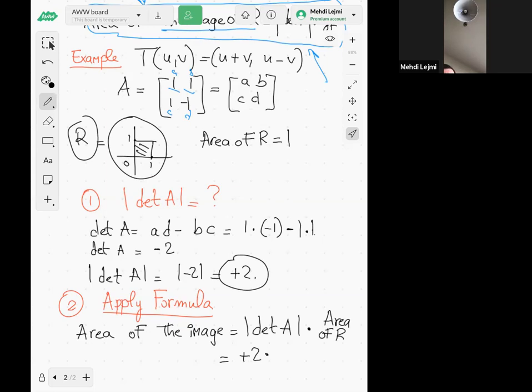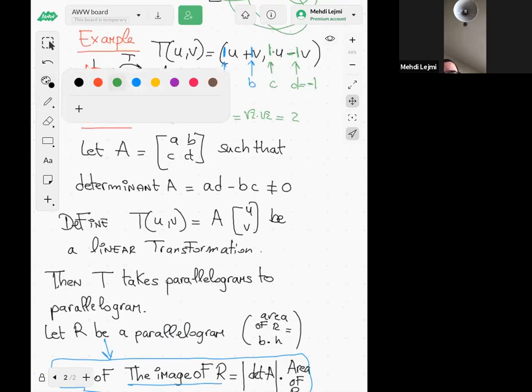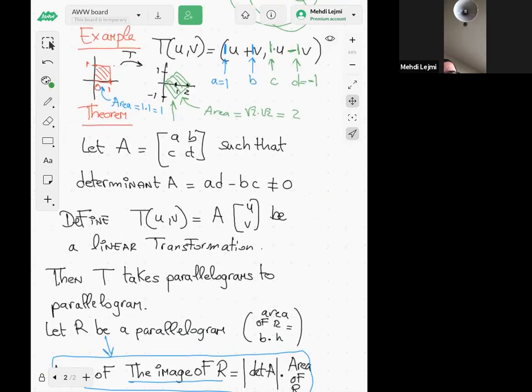So the area of R is 1. So it's 2 times 1, so it's equal to 2, right? And that's exactly what I got here. We said the area of the image is 2, right? So of course the formula works.